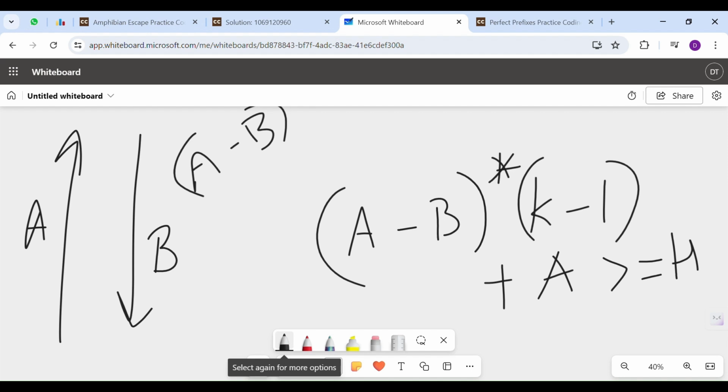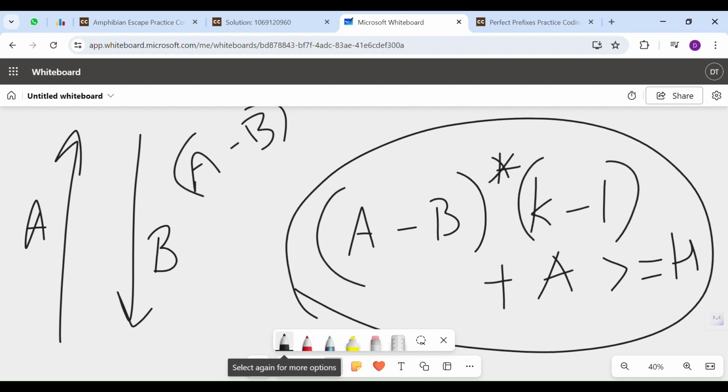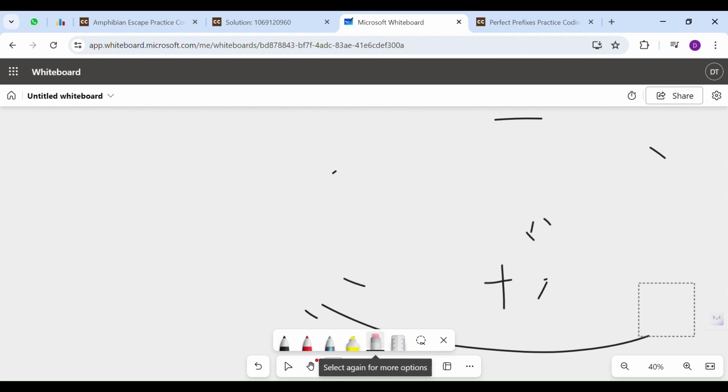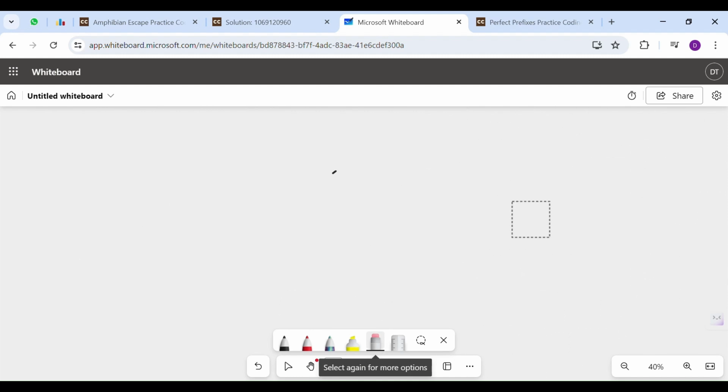It basically means for K minus 1 moves, the frog will jump up and might come down, and at the Kth move, it will jump out. So the total distance traveled by the frog is (A minus B) into (K minus 1) plus A. And this equation should be more than or equal to H. Okay? So we need to solve this equation further.